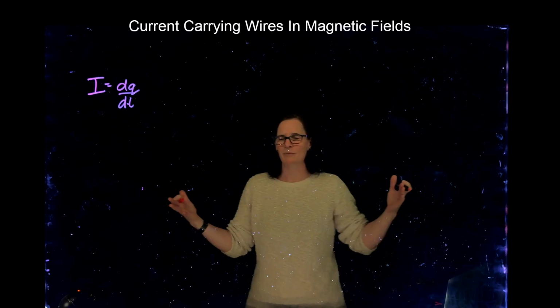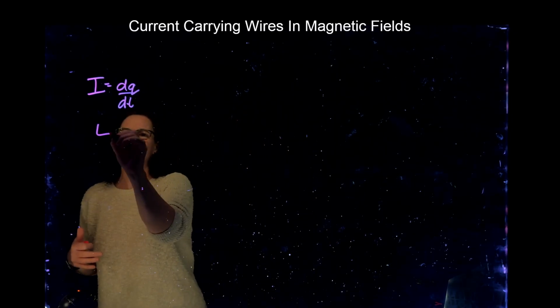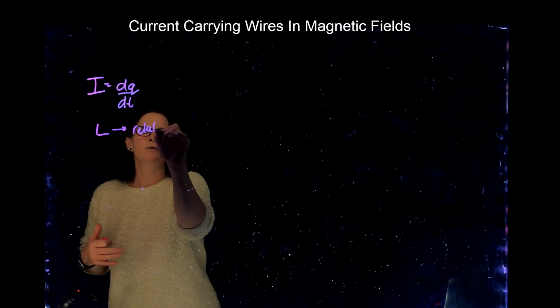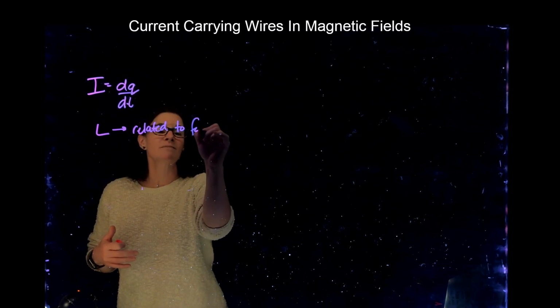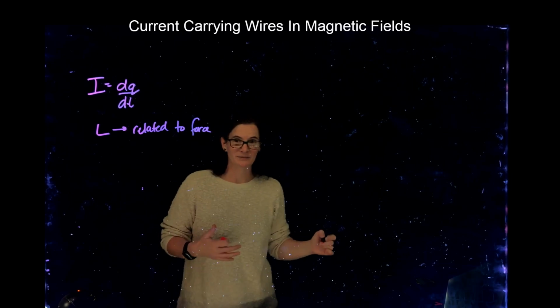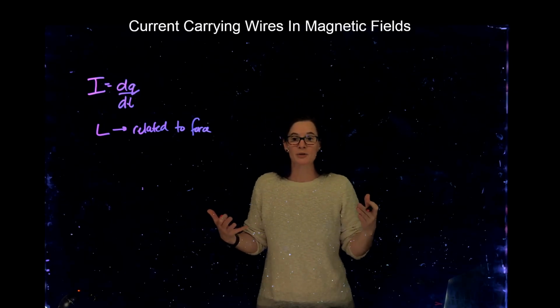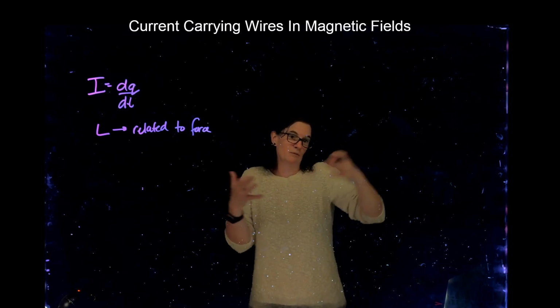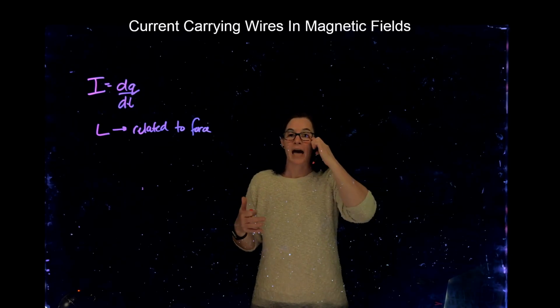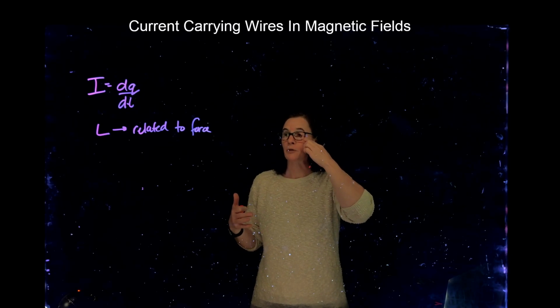So the length, we might suspect, is related to the force that those charged particles feel, right? Because length is going to be a little bit related to its speed, how quickly those charged particles can get down to the end of that wire, for example.